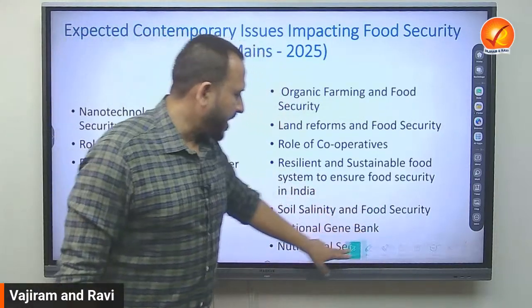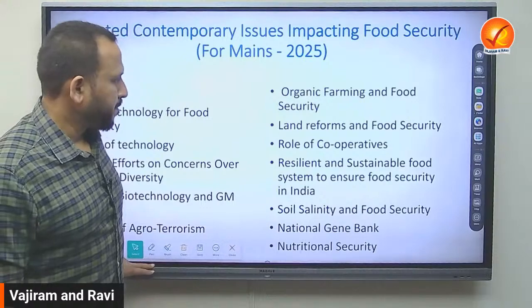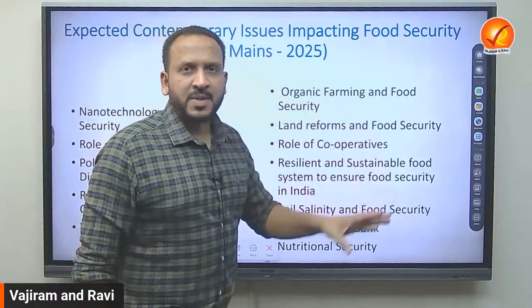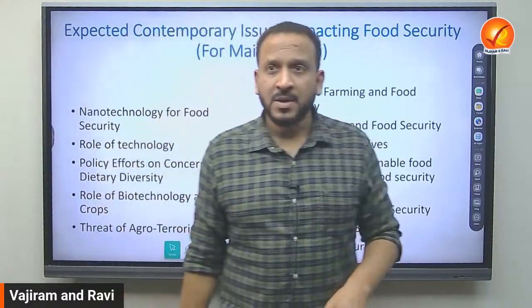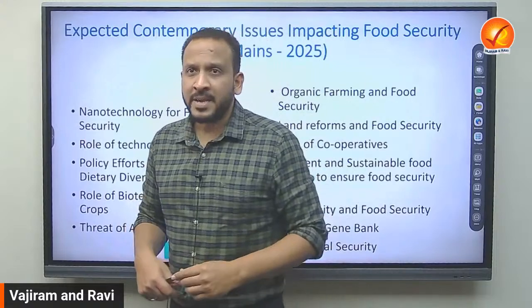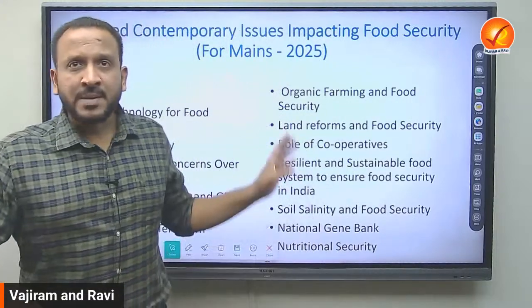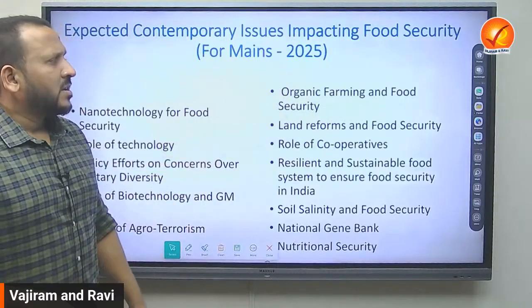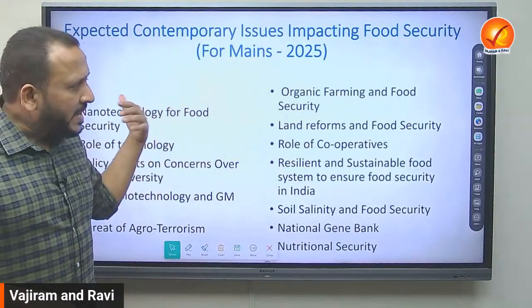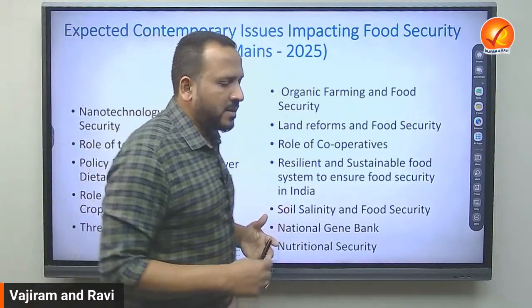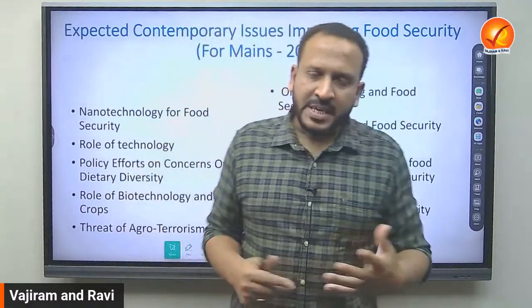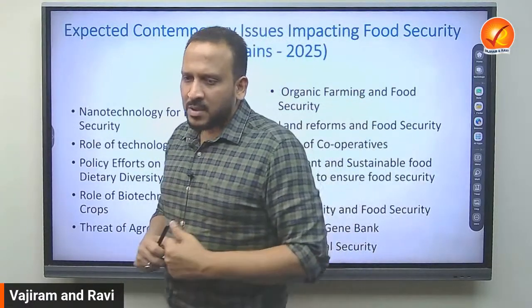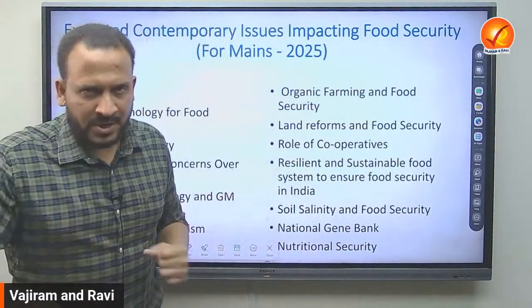Now look at these themes, right? All these themes are extremely important, as you can see from the heading itself, because this is how the UPSC has linked the various issues with the food security topic.